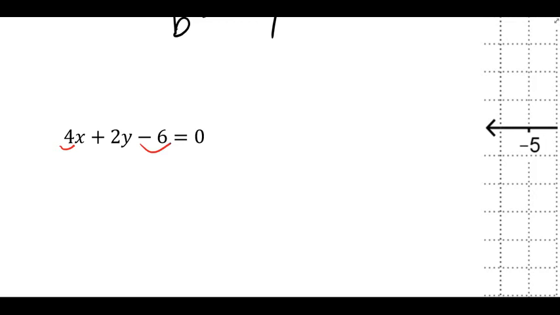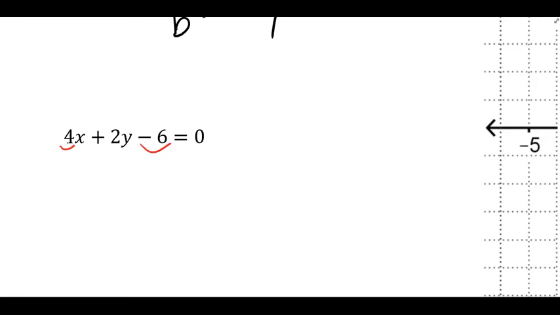Jill, do you know? You have to rearrange it first. In other words, if it's not in y equals mx plus b form, you can't see the slope and y-intercept right away. It's not there. So this is not the slope and y-intercept.